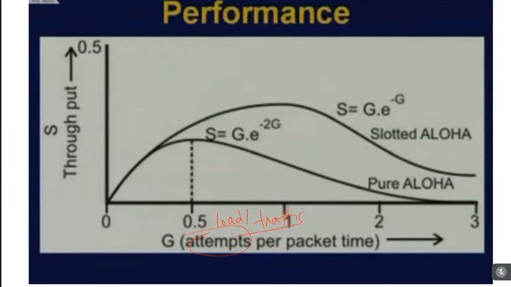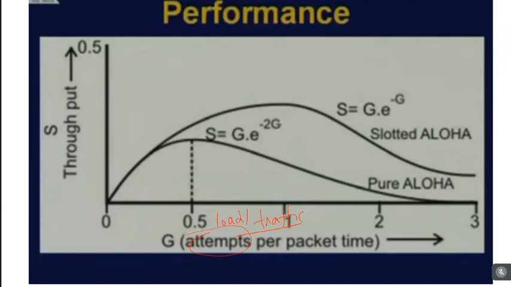Suppose we give low traffic, let us say 0.5. Then for pure Aloha we get 0.5 into e power minus 2 into 0.5, that is e power minus 1. At the same time, for slotted Aloha, G into e power minus G. Take G equal to 1. That is 1 into e power minus 2, 1 by e square for pure Aloha, and 1 into e power minus 1, that is 1 by e, for slotted Aloha.